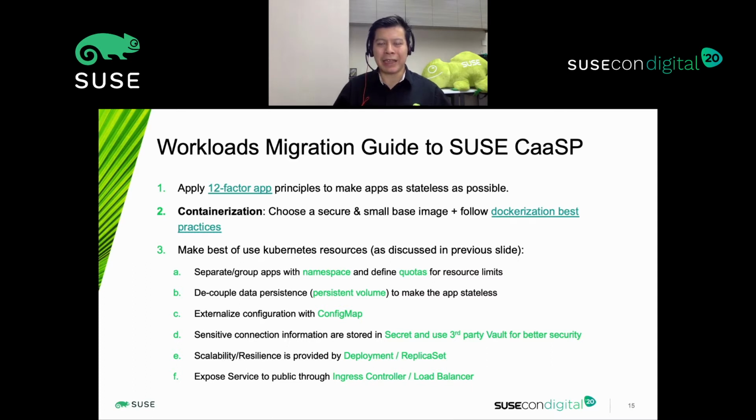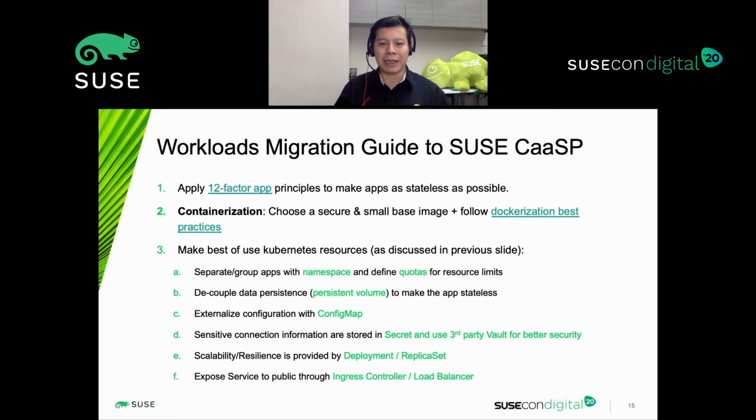And then the second thing to do is to follow the best practices in containerization. For example, you choose some secure and small base image to start with and follow some best practice guidelines as I highlighted here in the hyperlink for your reference. And then just like the previous slide, try to make best use of the Kubernetes resource objects to manage your applications.